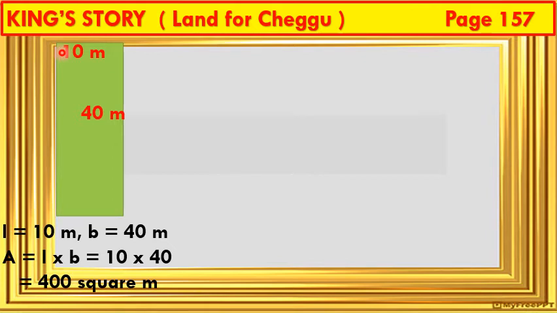Then he found area of this rectangle. Area is length multiplied by breadth. That is 10 multiplied by 40 is 400 square meters. So he got area of this rectangle as 400 square meters.